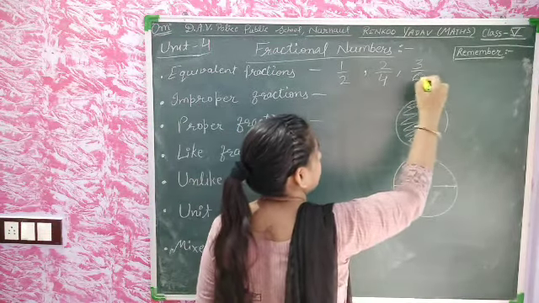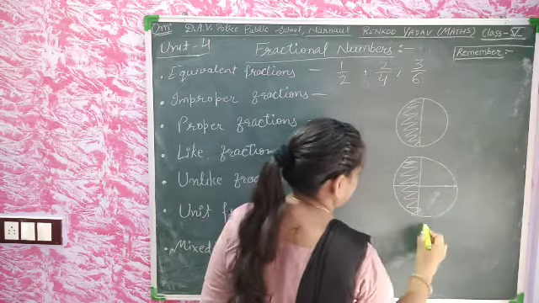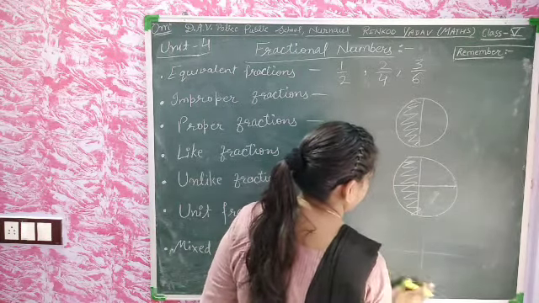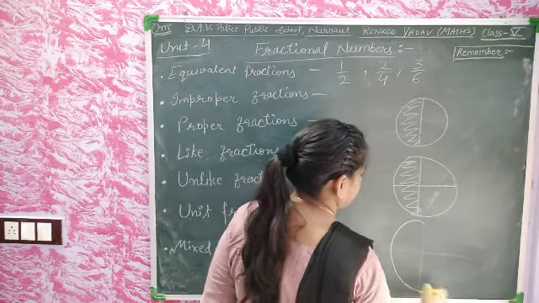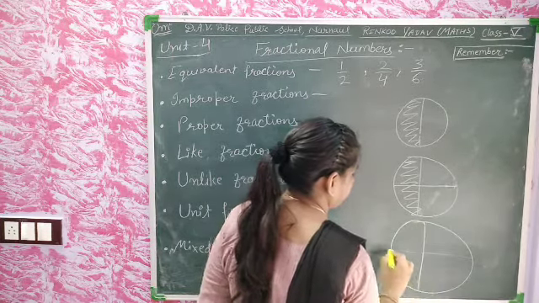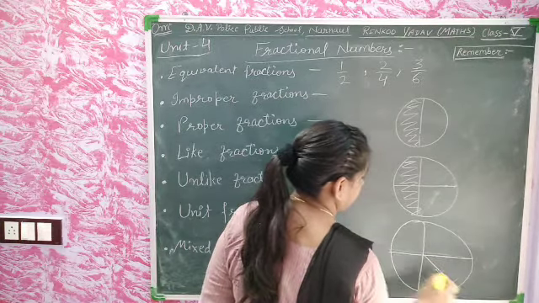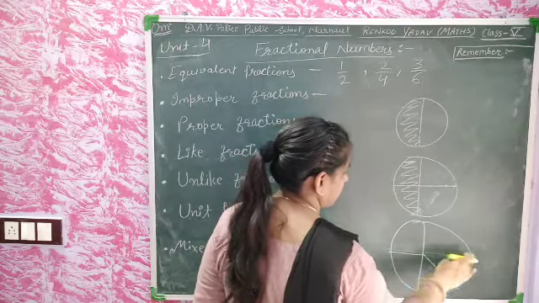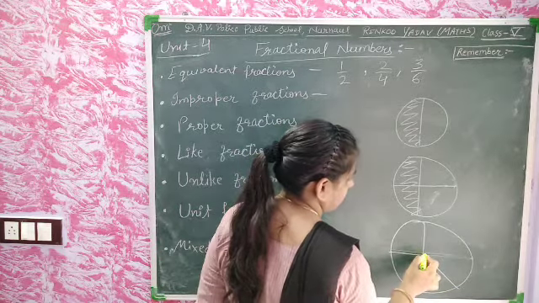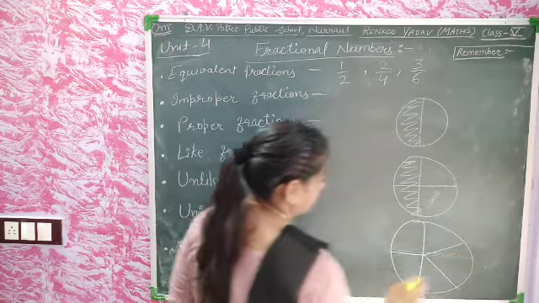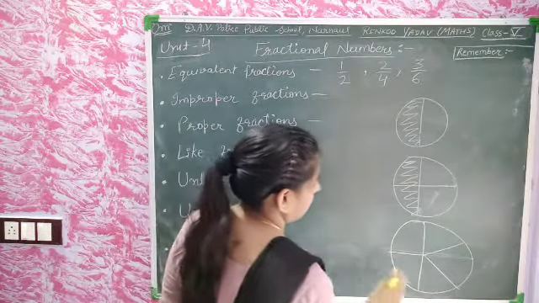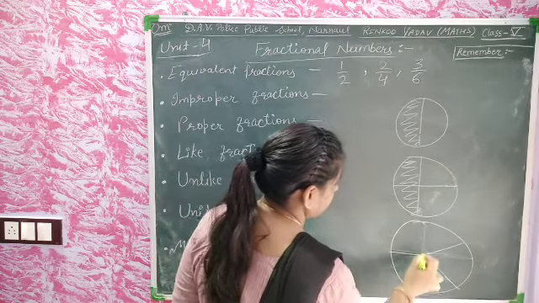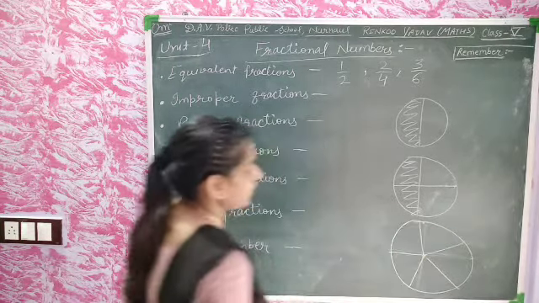And same here, 3 by 6. It means we have to draw 1, 2, 3, 4, 5, 6 parts, and all parts must be equal.